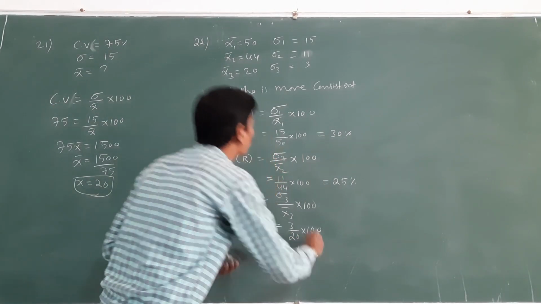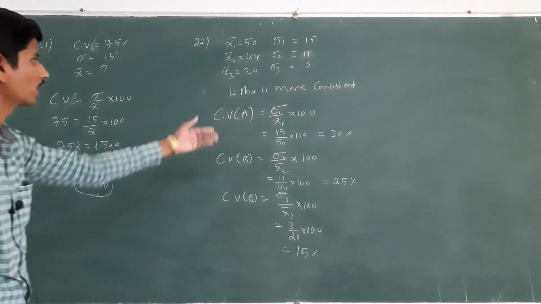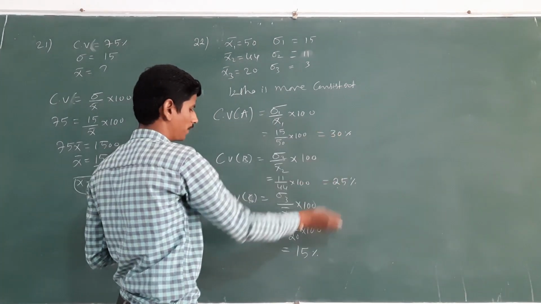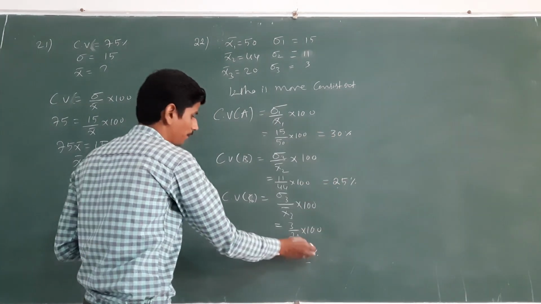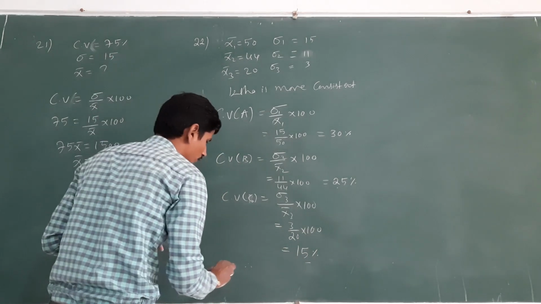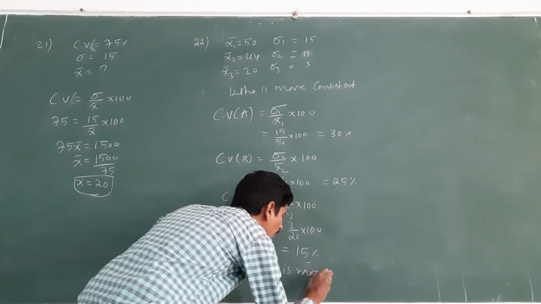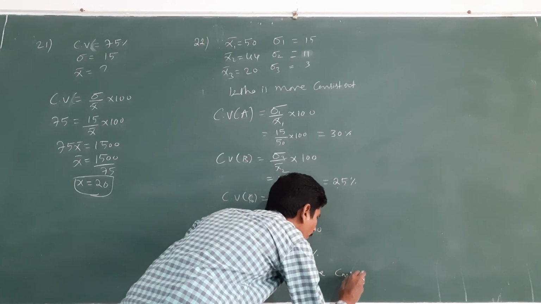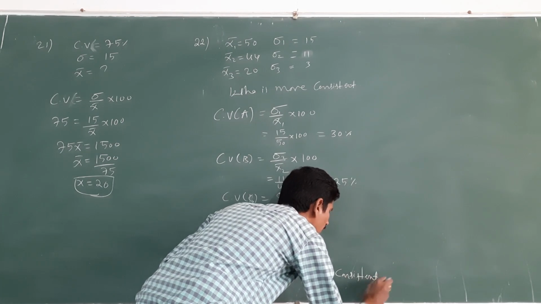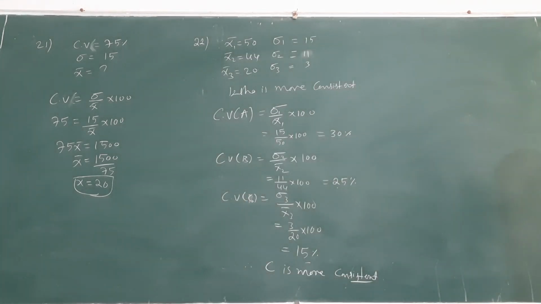Who is more consistent? The lesser the value of CV, the more consistent. Here 30%, 25%, 15%, so 15 is the least. Therefore C is more consistent. It is also a 2 marks question.